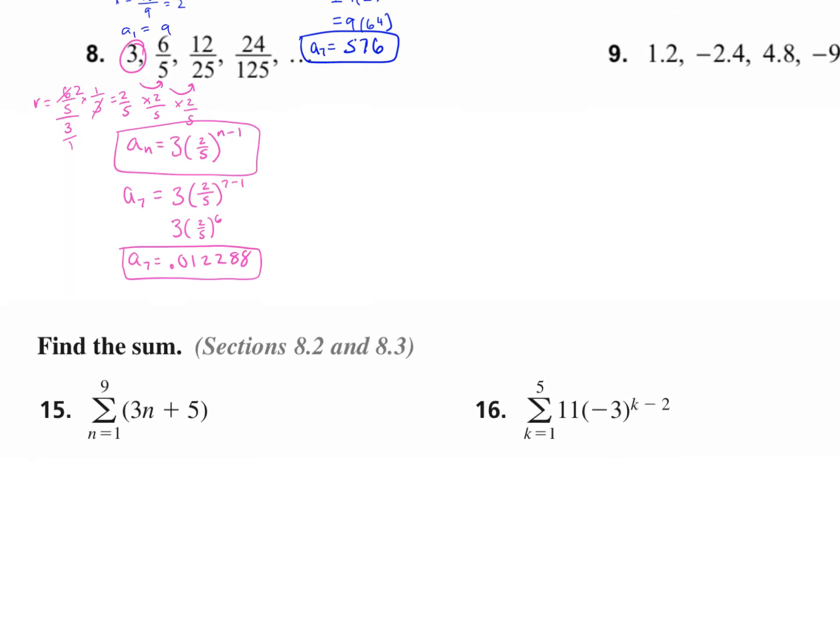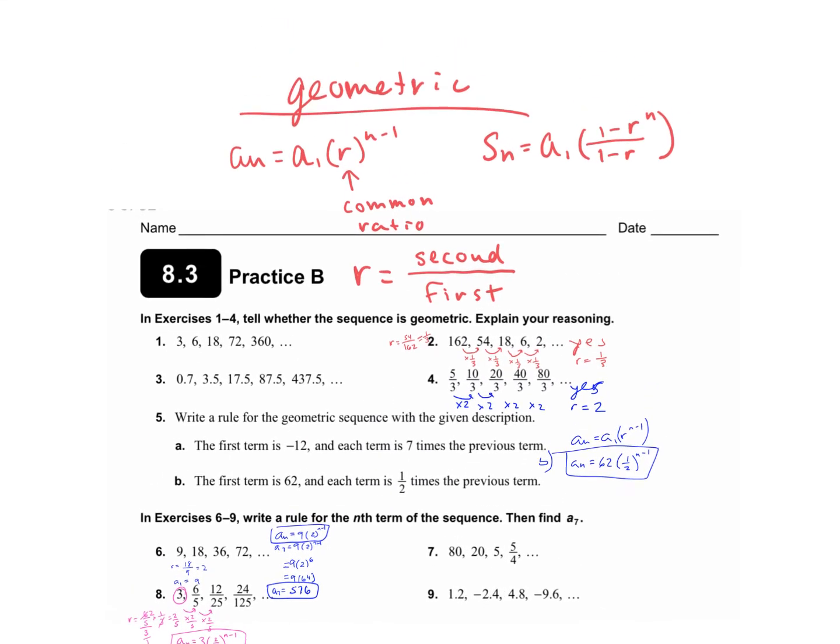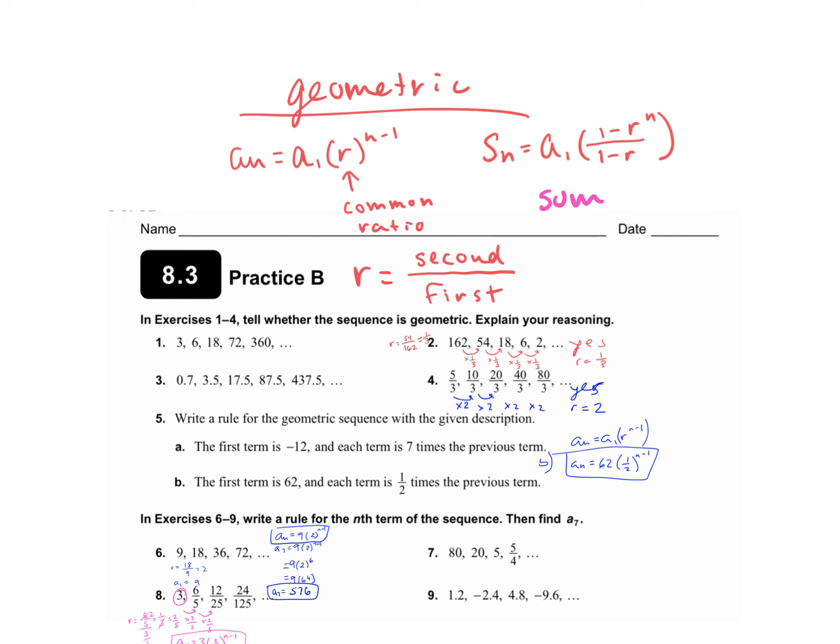All right, for the bottom part, find the sum. So this is questions from 8.2 and 8.3. We are using our sum formula. So the one that we have up here, this is our sum formula. This one is when it's geometric. You can tell that an equation is geometric when you have an exponent.